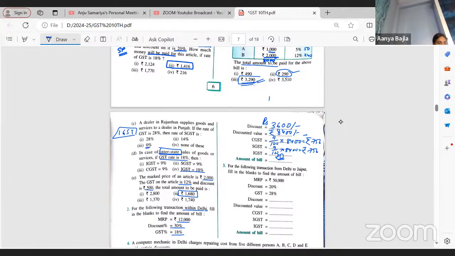Zero. And what is the total bill amount? 8,400 plus 756. 8,400 was our cost price. Plus the tax. 9,156. Correct?